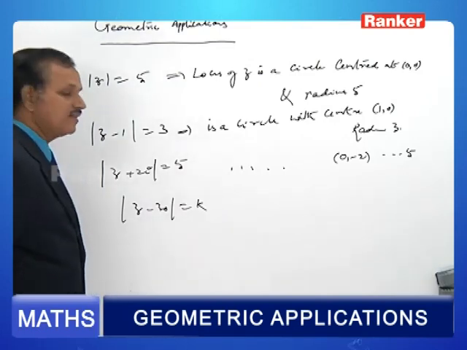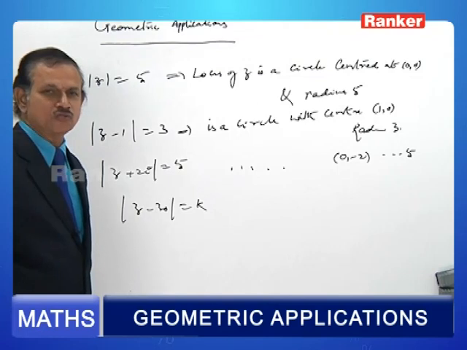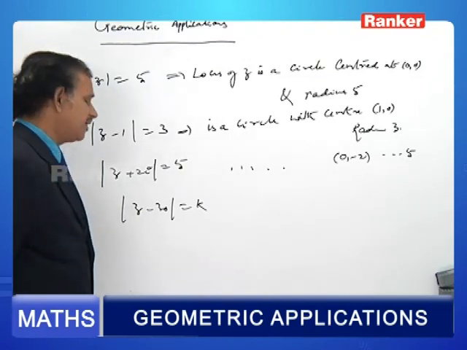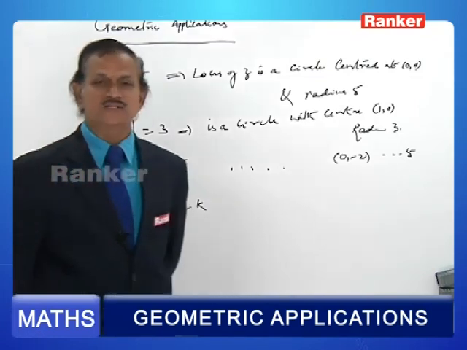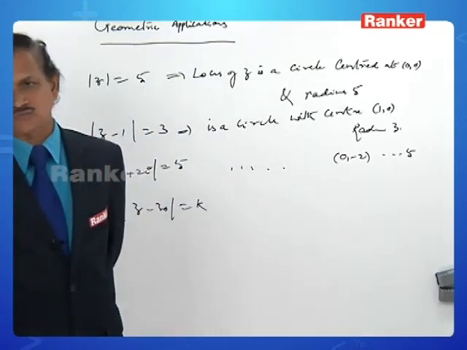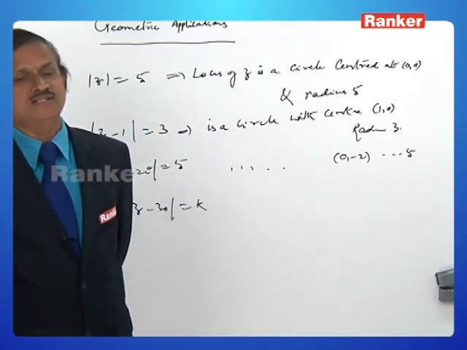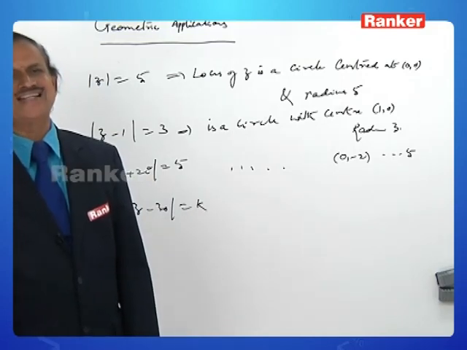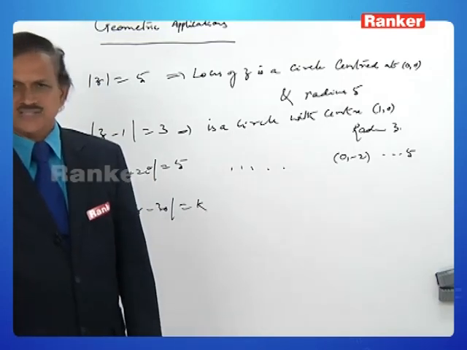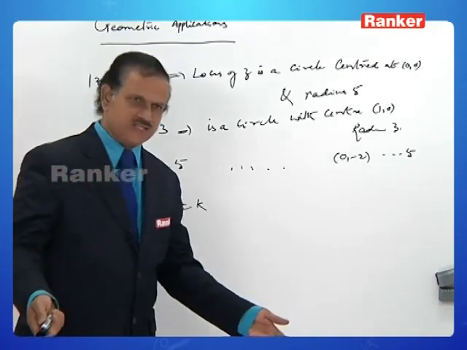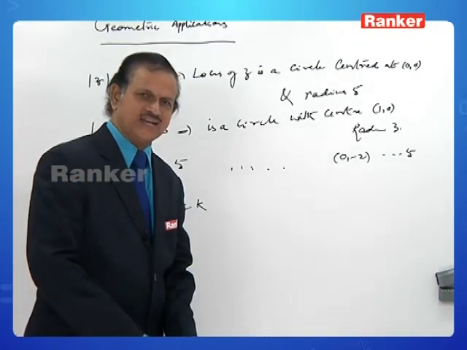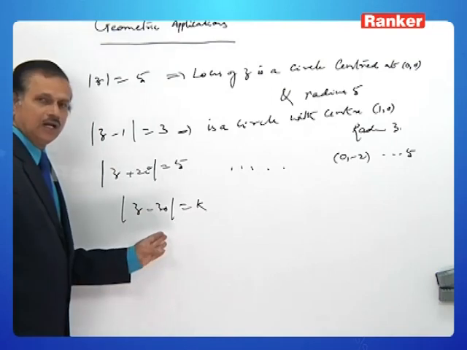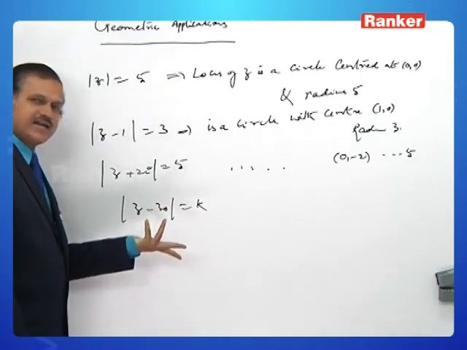It's nothing but (x minus a) plus i into (y minus b). If you find the modulus and square it, then (x minus a) whole square plus (y minus b) whole square is equal to k square. It is just nothing but the circle with center (a, b) and radius k. The point (a, b) is nothing but the complex number z naught. So it is a circle with center z naught and radius k.